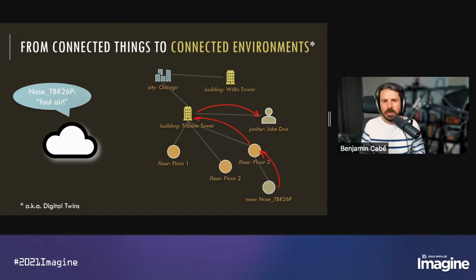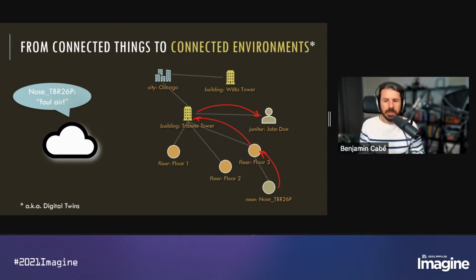Oh yeah, whoever deployed the nose in the ceiling of Tribune Tower did so on floor 3 of Tribune Tower in Chicago. And so when the device was initially provisioned, this relationship was established. It might evolve over time.